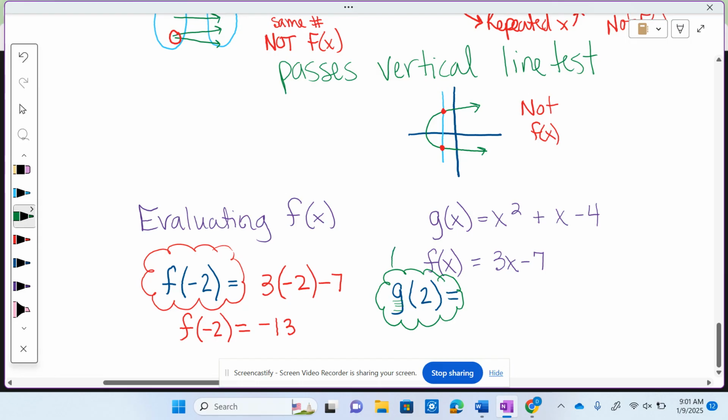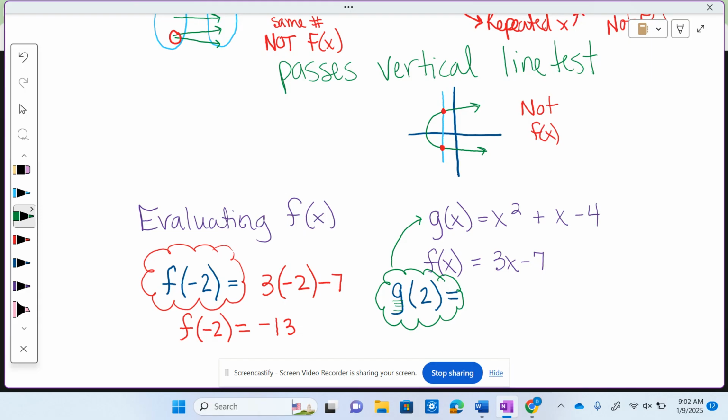This is the g function, so you're going to use this equation. The reason I'm showing you this is because you might have a question that has 3 different functions, f of x, g of x, and h of x, and it just tells you to find h of 2, g of 7. Does that make sense? You have to know what function you're plugging that number into.